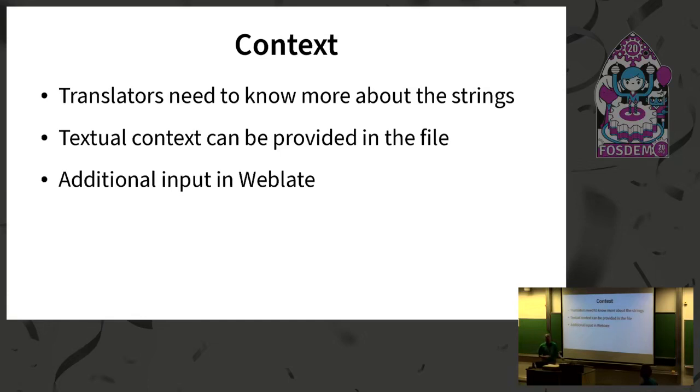It has several ways to define additional context. The JSON files are typically very bad at that because JSON doesn't support comments, so you cannot add it there if the format doesn't have it defined. So it depends on the format, but you can always define additional context inside Weblate.